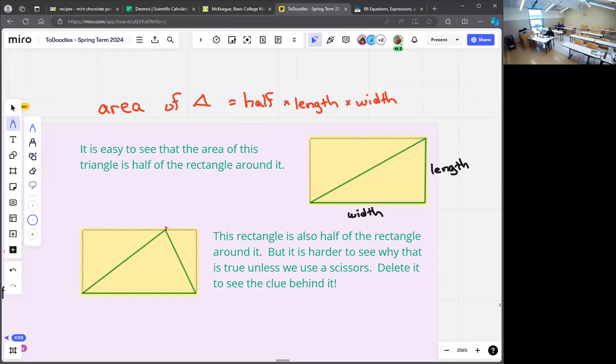this other rectangle? Now my top corner isn't nice in the corner of the rectangle anymore, it's just somewhere random on the top. Is this triangle also covering half of the original rectangle? If you want, you can click on this thing here and delete it and see the hint underneath.